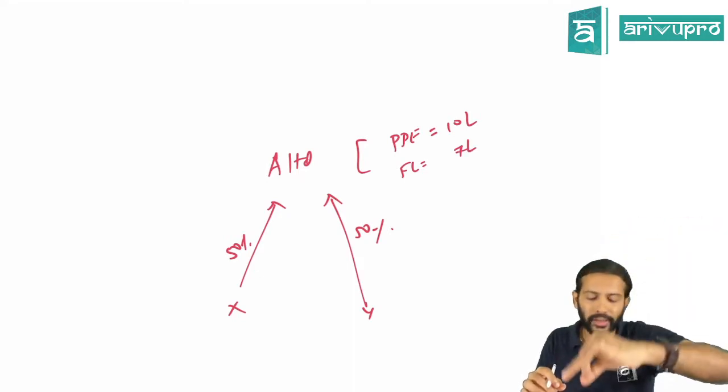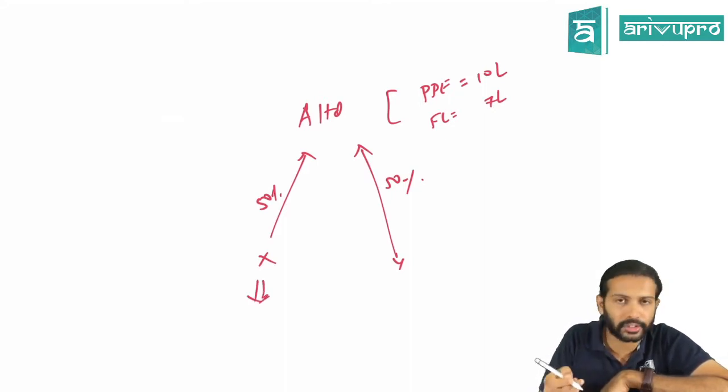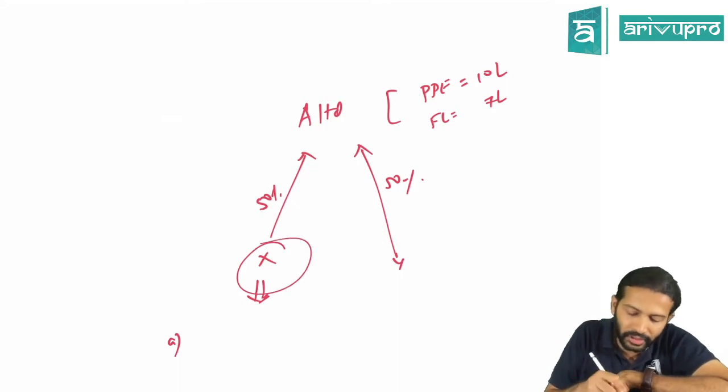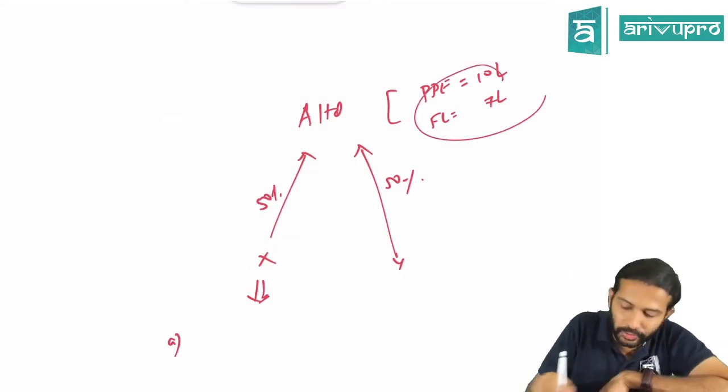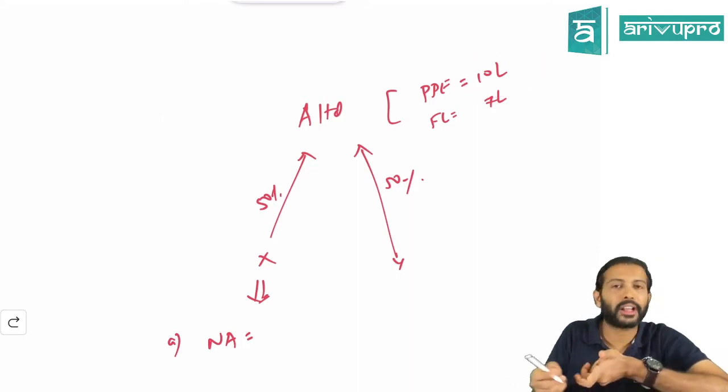If it is a joint venture, X and Y, the persons, I'm just referring to X here for simplicity, X will have a right over the net assets of the business. So what is the net asset of this A Limited now? 10 lakh is PPE, financial liability is 7 lakh.